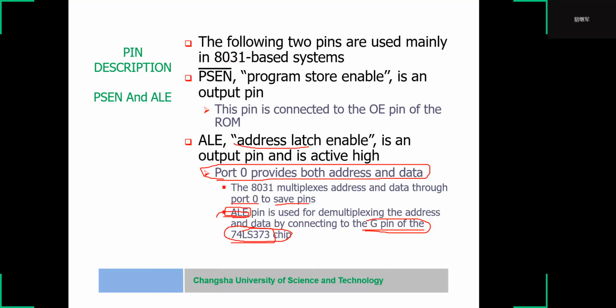So we connect this ALE to the G pins of the 74LS373 chips. If ALE is valid, the address is latched in the 74LS373. Okay.